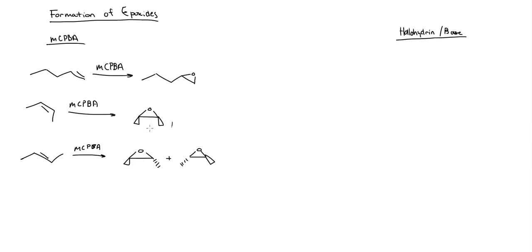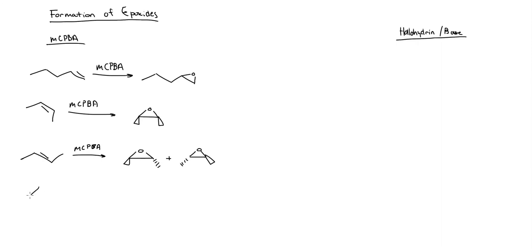The second one is not chiral because it has a plane of symmetry. So whether the starting material is E or Z is going to depend on whether it's cis or trans for your epoxide.